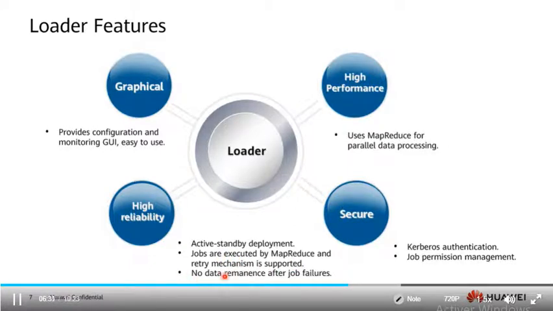Besides, even if the job fails eventually, the data will be deleted automatically without any procedures. And as for the last feature, secure, this feature needs to be configured in MRS Manager with the help of Kerberos as the permission authentication tool. These 4 features describe Loader very well, and they are essential for acquiring a more comprehensive understanding of Loader.